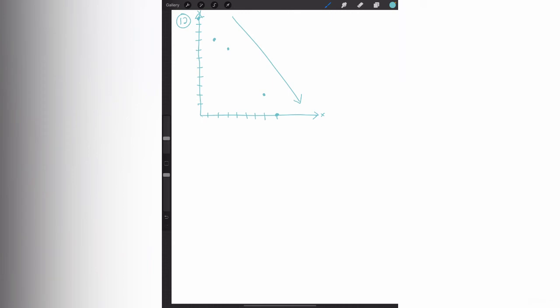But right now, all I'm asking you to do is tell me whether there is negative correlation or positive correlation. The way you can tell, moving left to right, is whether it's moving downward or upward. This is moving downward, so this is negative correlation.